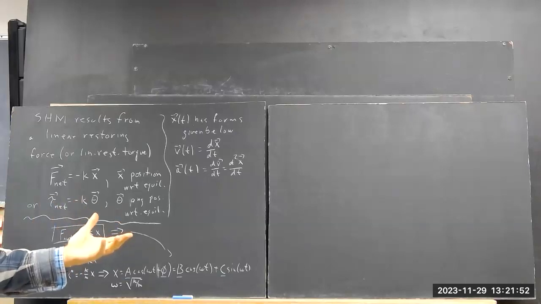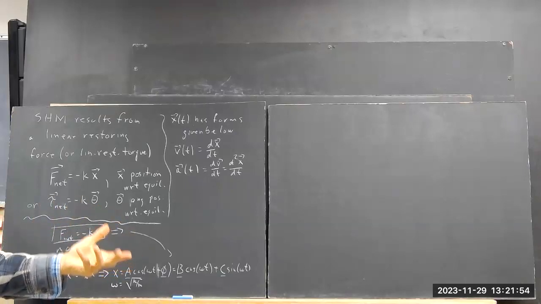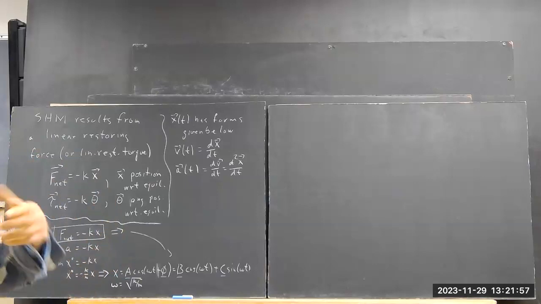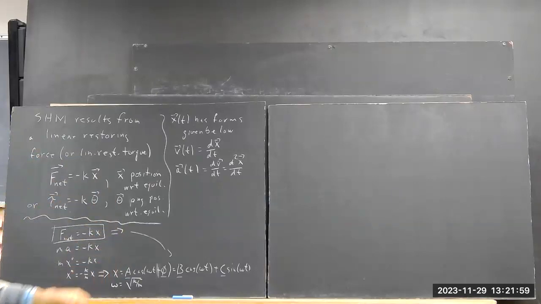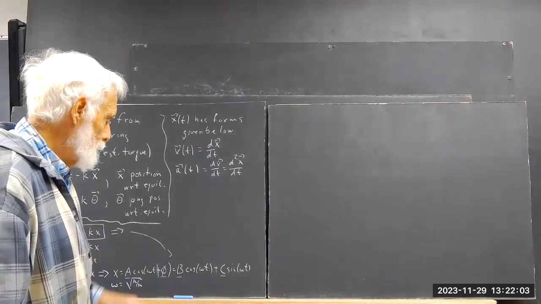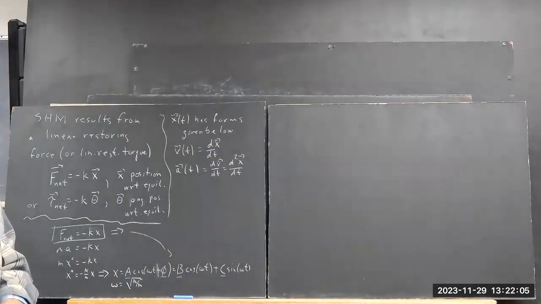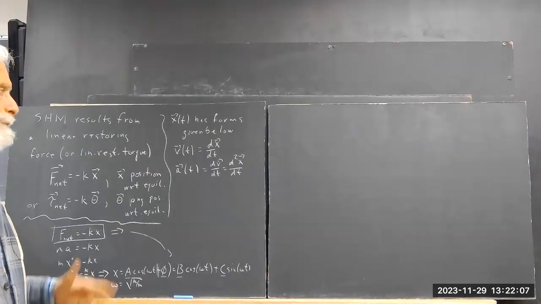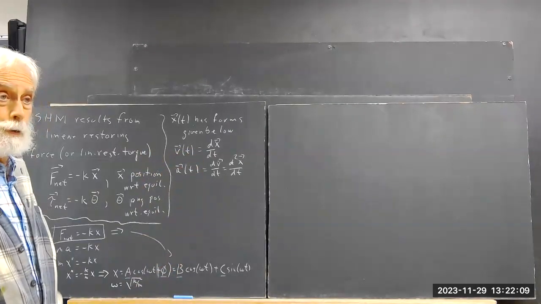It's a linear relationship. That's all I need. Now for the rubber band, we're going to do more than that because it's not completely linear. And we're going to see that even though it deviates significantly from linear, this model still works pretty well.